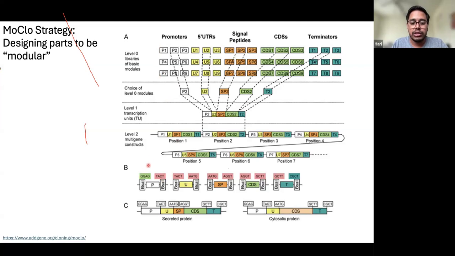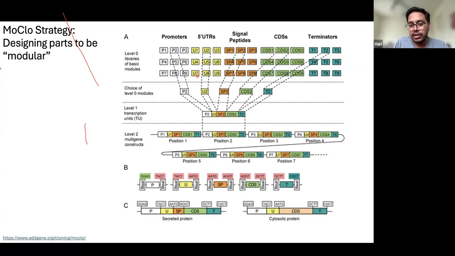All the promoters will have the same set of overhangs, which is GGAG. We can call it the A overhang. And then all the promoters will also have another overhang on the other side, which is TACT, which we can call the B overhang. And all the RBSs will also have the B overhang on the 5' site, and the AATG, the C overhang, on the other side.